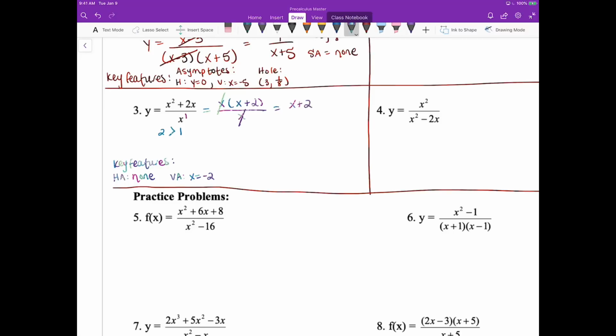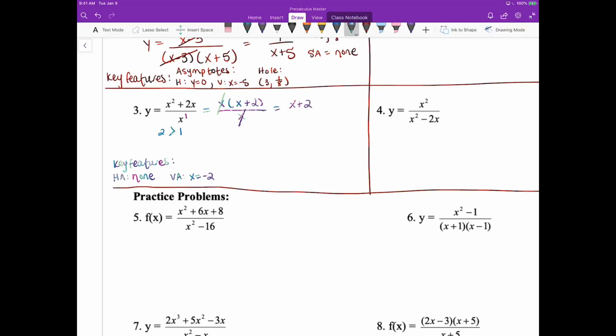And then I remember that the vertical asymptote is non-removable because I can't get rid of it. The hole is a removable discontinuity because I can remove it.